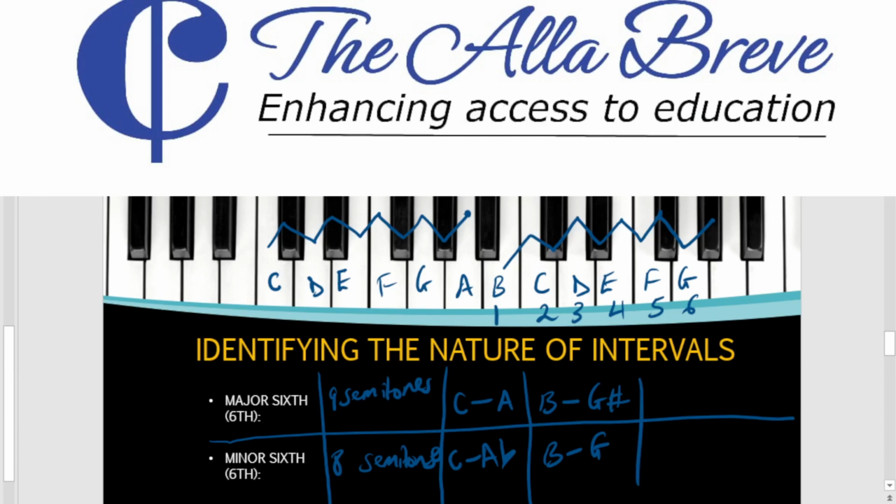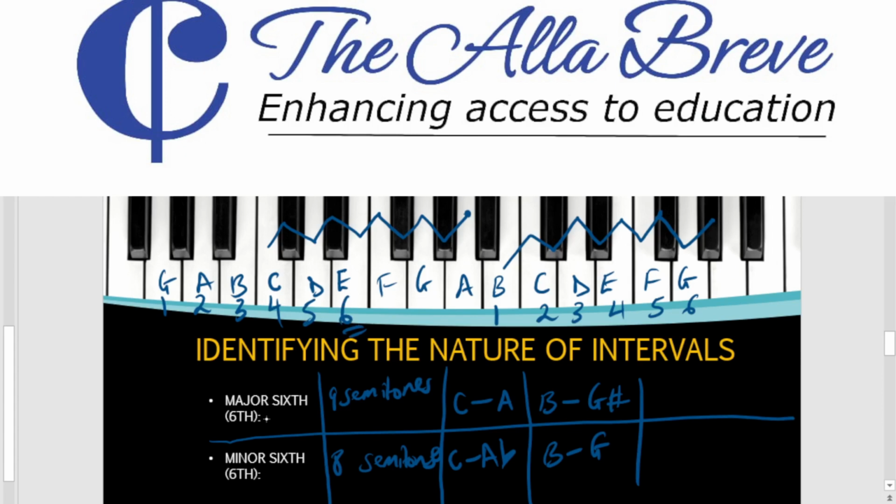Lastly, let's try out B, A, G. Let's try out the G. We need 6 letter names. So we'll be having 1, 2, 3, 4, 5, 6. We should land at an E. What nature of it is to make it major or minor?